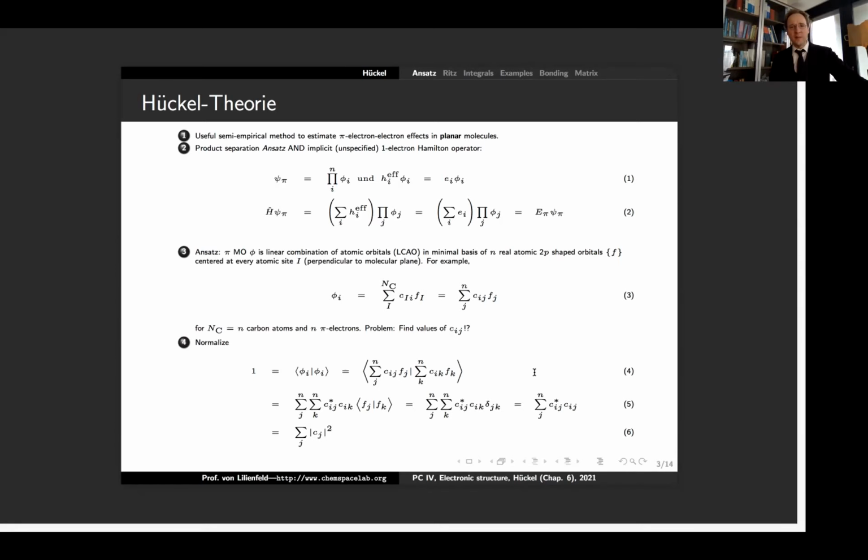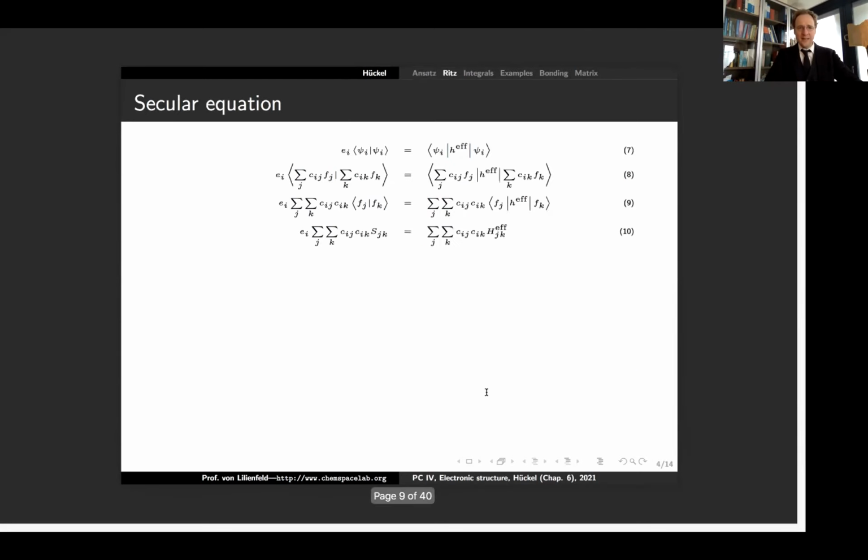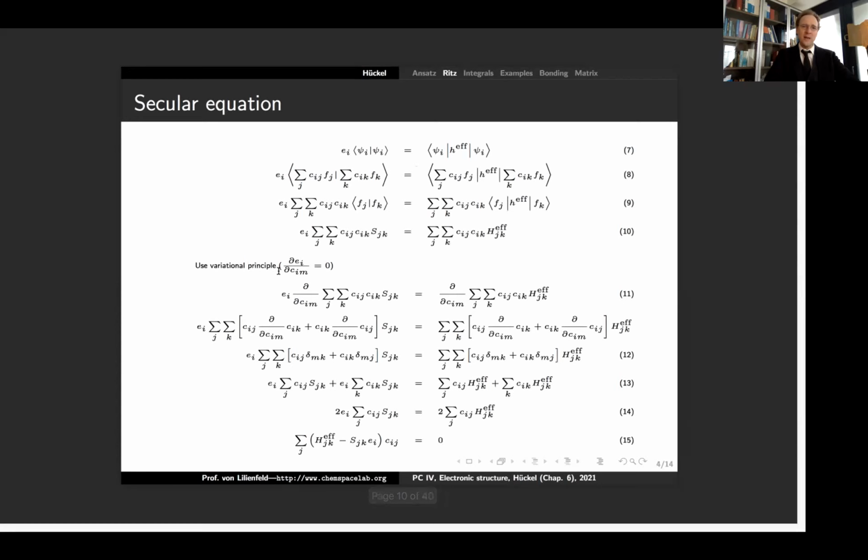So in point 4, we discussed the normalization. And we found that the sum over the coefficient squared for any orbital always has to be 1, right? So you have to impose this normalization for every orbital. And then we use the variational principle, as you recall, to arrive at a secular equation.